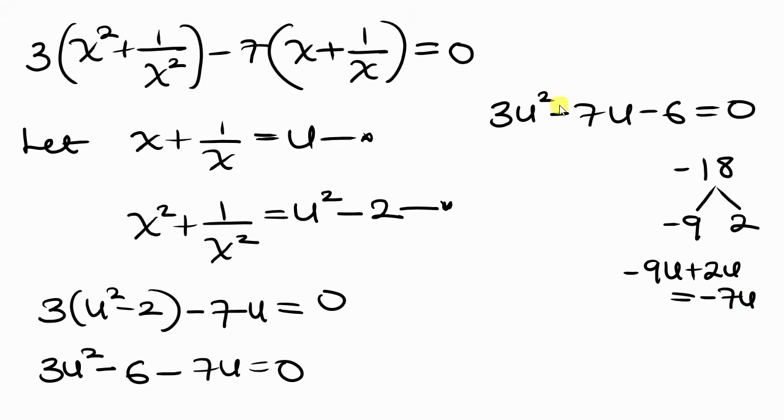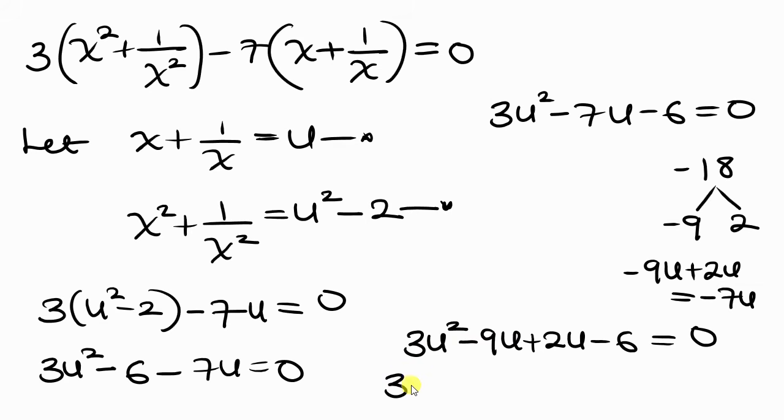So this is acceptable. That means this equation can be written as 3u squared, now instead of writing this, I'm going to be writing this minus 9u plus 2u, and then minus 6 equal to 0. Now, let's factorize. 3u is common, so I'll factor out 3u. Now, this divided by this is u, minus this divided by this is 3.